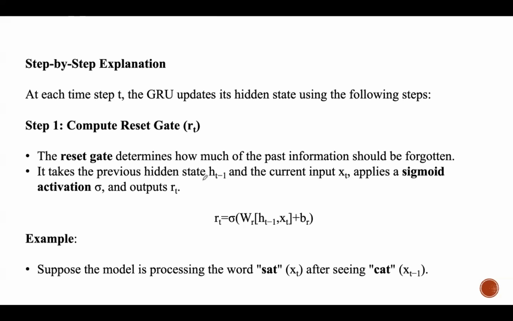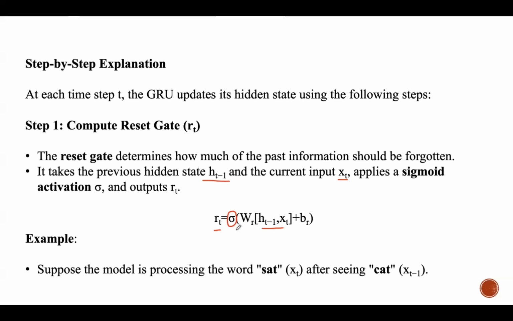It takes the previous hidden state h_(t-1) as well as the current input. You can see both of them here. Then it applies the sigmoid activation function, from which we get r_t. This r_t value ranges from 0 to 1 and controls the influence of h_(t-1) on the new memory.